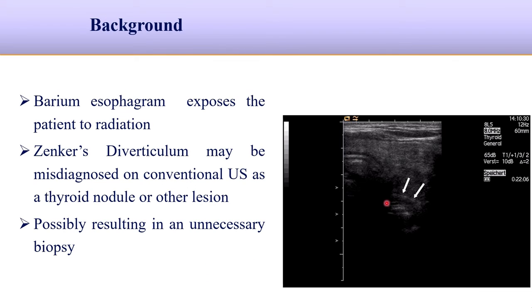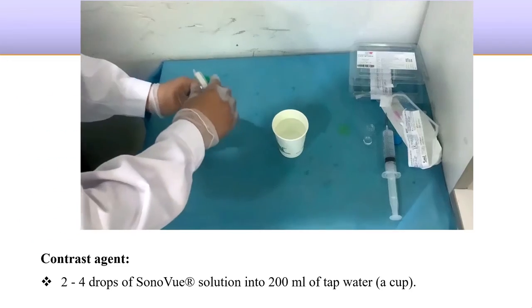Zenker diverticulum is a lesion of the esophagus, but because it's near the thyroid, sometimes it may be misdiagnosed as a lesion of thyroid and results in an unnecessary biopsy. We usually use barium esophagogram to diagnose Zenker diverticulum, but it exposes the patient to radiation.